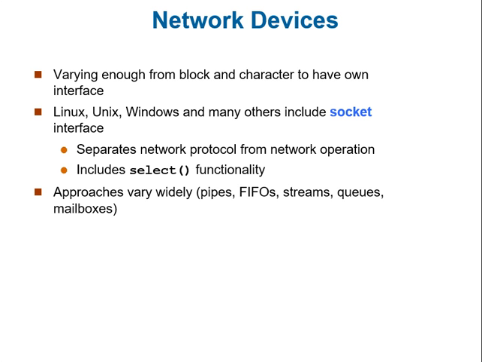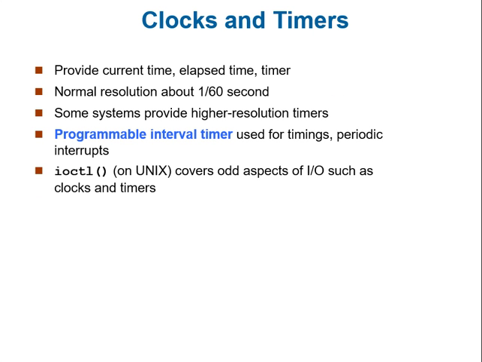Other I/O is the clock and timer, which provides the computer with the current time, elapsed time, or a timer that you can set to trigger any operation in the operating system. Normally the resolution is about 1/60 second, or 1 second. Some systems provide higher resolution timers.